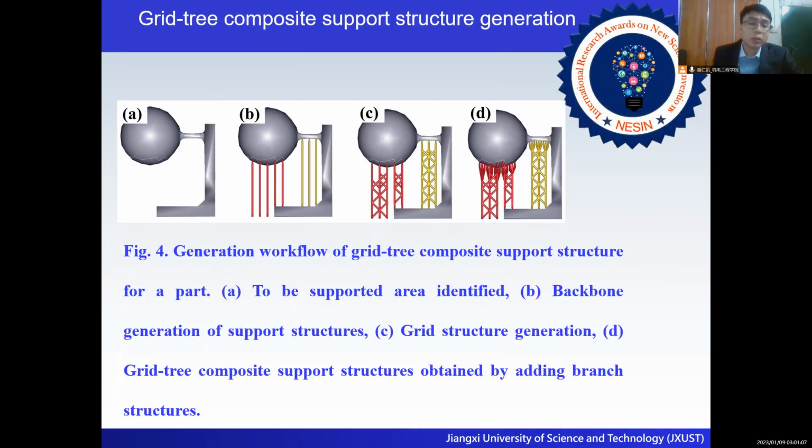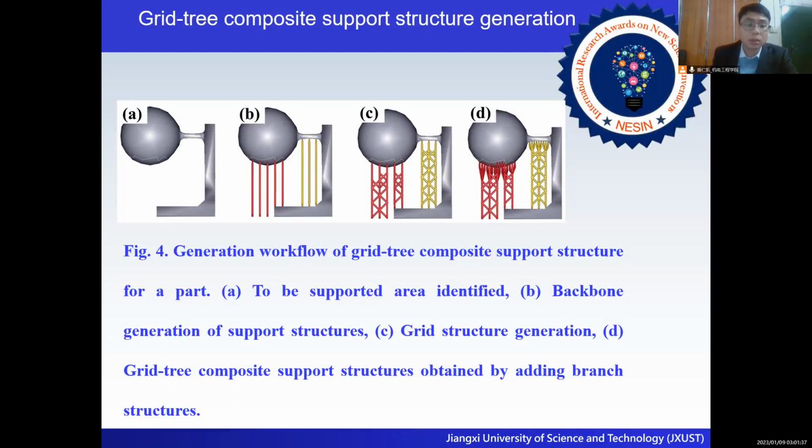The generation workflow of grid tree composite support structure for a part is shown in Fig 4. First, identify the area to be supported, which includes point overhang, face overhang, and edge overhang, as shown in Fig 4a.